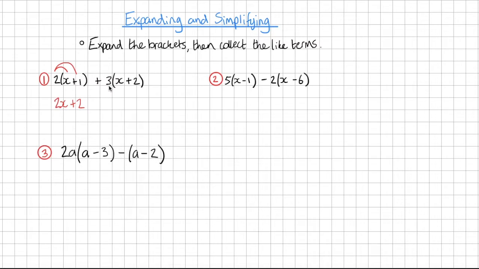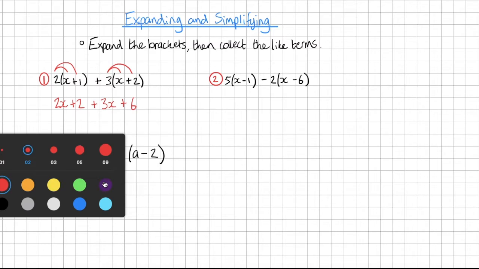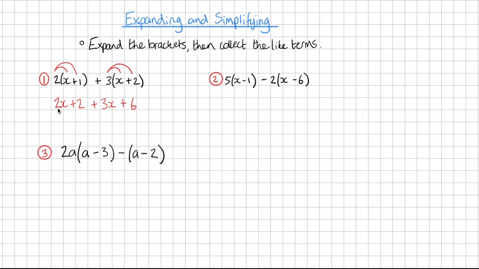Here we need to do 3 multiplied by what's inside the brackets before we start collecting any like terms. So 3 multiplied by x is 3x, so I'm going to write plus 3x. 3 multiplied by 2 is 6, so I'm going to write plus 6. And now I can start to collect the like terms together, add the things which have the same variables in them together.